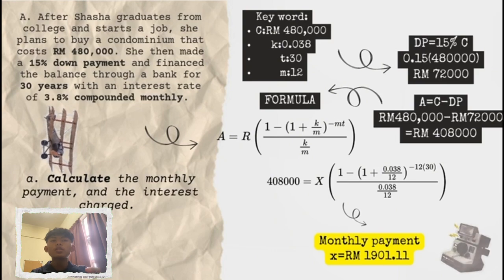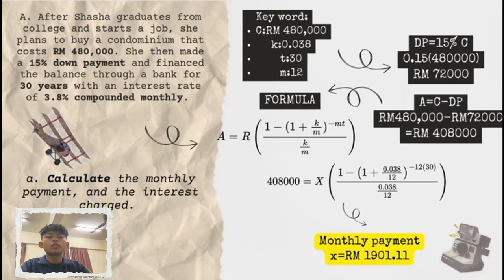So we get the keywords, which means C is 480,000 ringgit, K is 0.038, T is 30, M is compounded monthly, which means 12. So we use the formula down payment equal 15% of C. So 0.15 times 480,000 ringgit, we get 72,000.